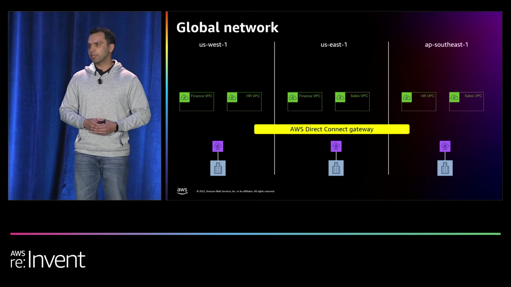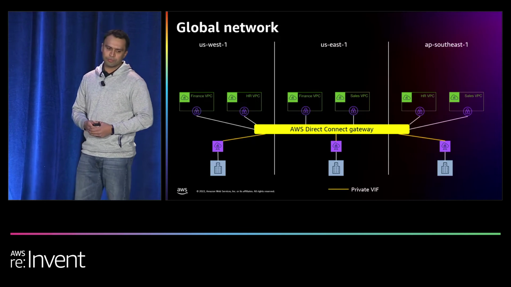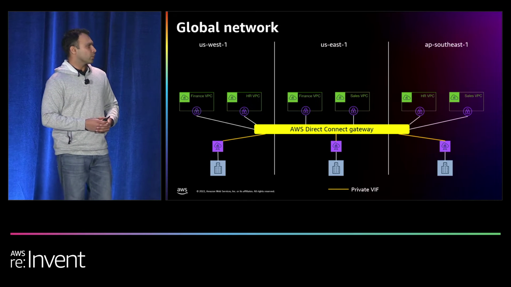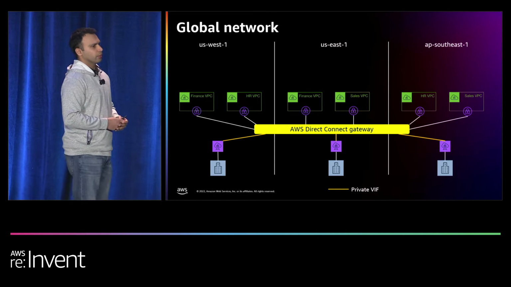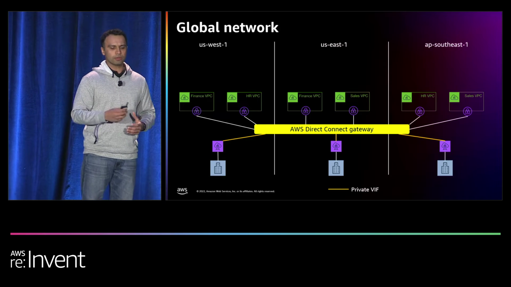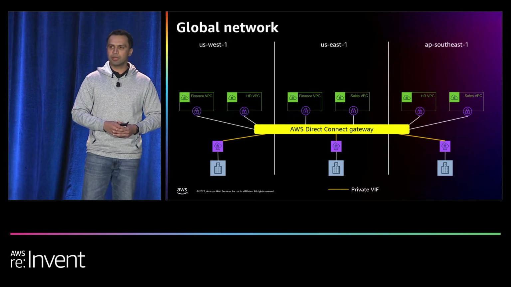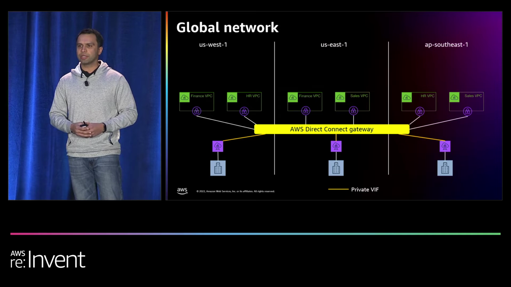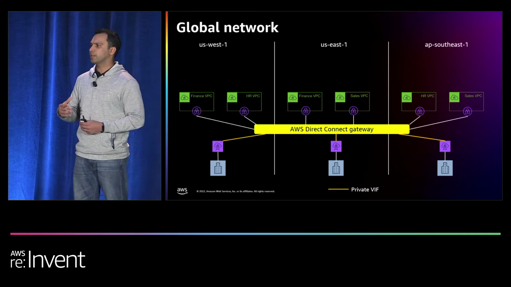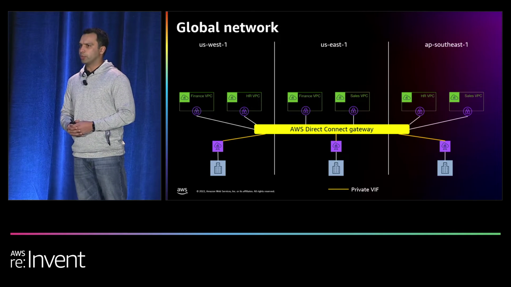So for this example deployment, the Direct Connect Gateway is going to have two legs, really. The first one is the orange lines, which are going downwards into the Direct Connect connections, the private VIFs. And the white lines are the VPC associations that the Direct Connect Gateway has with the virtual private gateways of the VPCs.